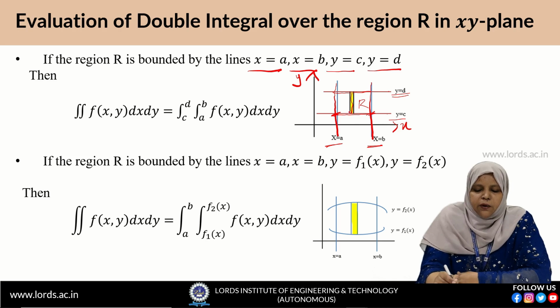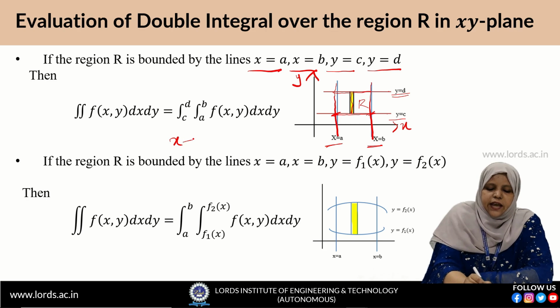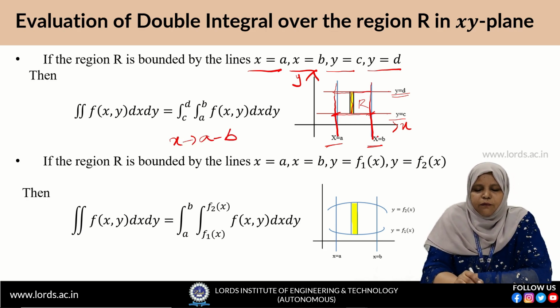Okay. Now, by seeing the ends of the strip and the movement of the strip, we are going to write the limits of x and y. How am I moving? I am moving from left to right. How is x changing? X is changing from A to B. So with that, I am going to get the limits of x. Now as I have said, the other limits I will get by seeing the ends of the strip.